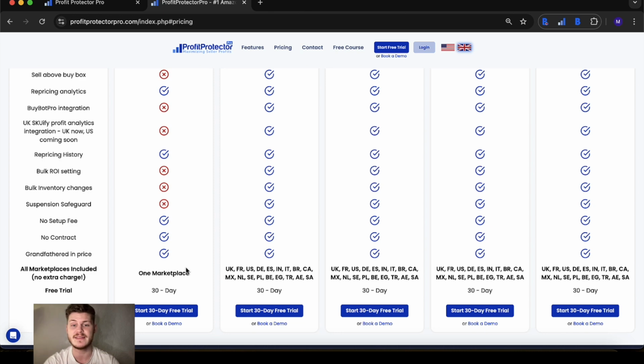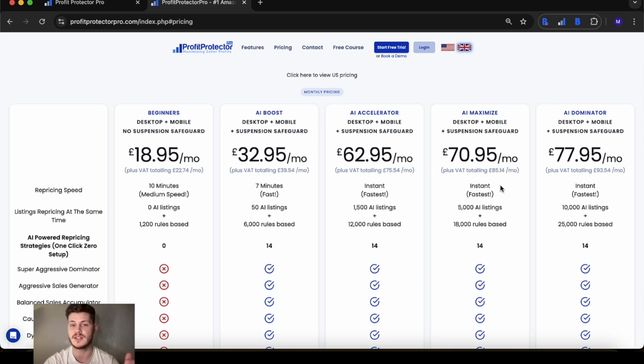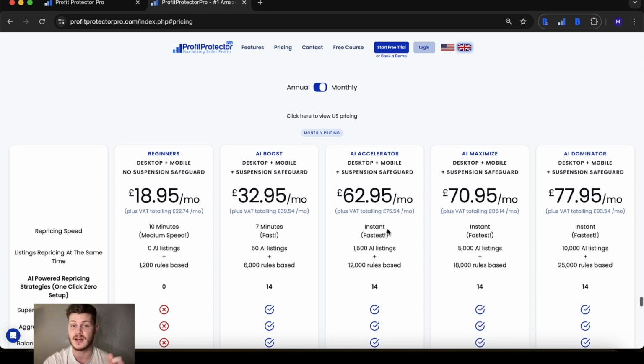Grandfathering basically means that you are locked in to the price. So as and when prices change, like if you sign up for this plan, for example, and you're locked in at this kind of pricing, later down the line, let's say the prices go up because more things might have been added into Profit Protector Pro, which we'll always strive to do. We'll always strive to give you the best possible Profit Protector Pro experience by adding in more features.